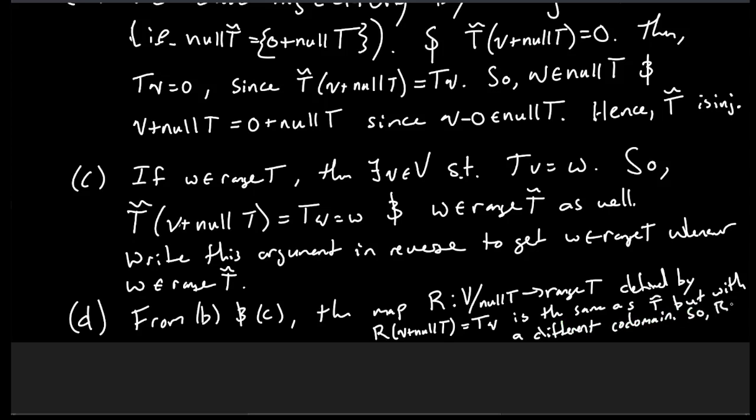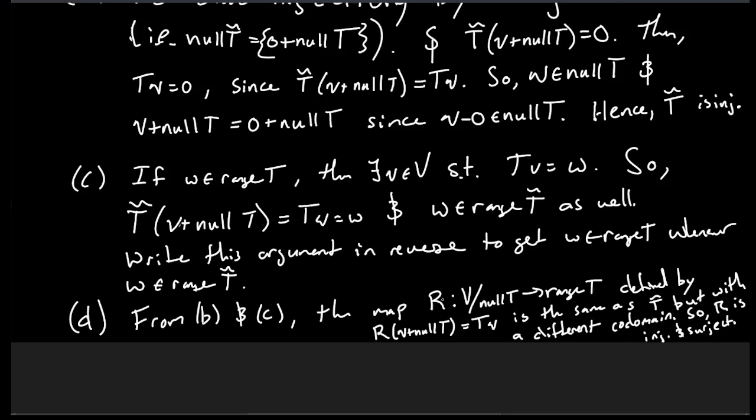So R is injective and surjective. Hence, it is an isomorphism. Oh, so v quotient null T, and range of T are isomorphic.